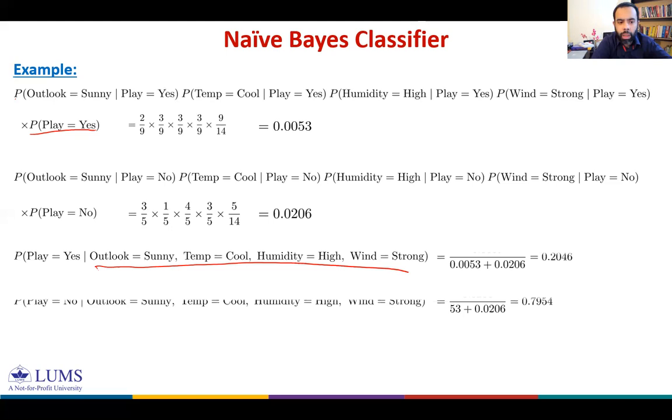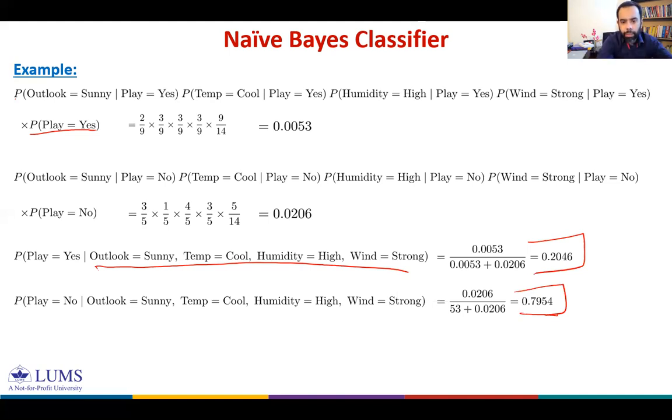This will be 0.2046, and for play is equal to no, we get 0.7954. So these two are simply scaled, scalar versions of 0.0053 and 0.0206.